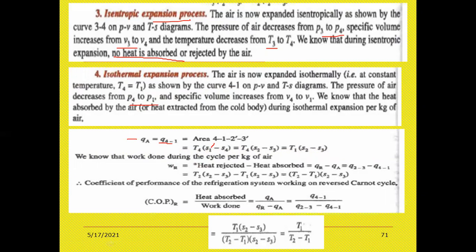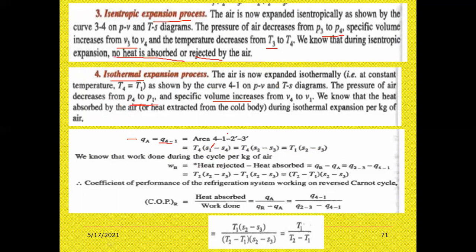We know that in isentropic expansion, no heat is absorbed or rejected by the air. Next, the fourth process is the isothermal expansion process. Here the pressure of air decreases from P4 to P1, thereby the volume increases. Generally keep in mind, whenever the volume increases, pressure decreases, and whenever the volume decreases, pressure increases.